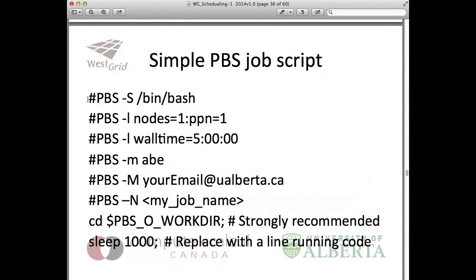So here's an example of a PBS job script. You start with what shell is supposed to be executing the job script. Here we ask for one node with one processor per node. We have a maximum wall time of 5 hours. This is the wall time, the maximum your job can run.